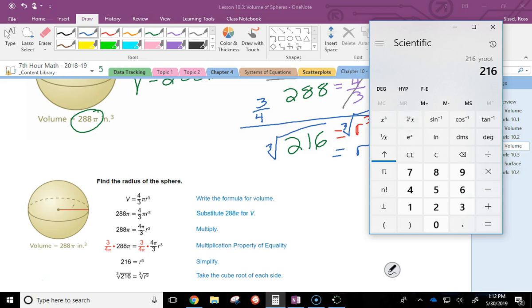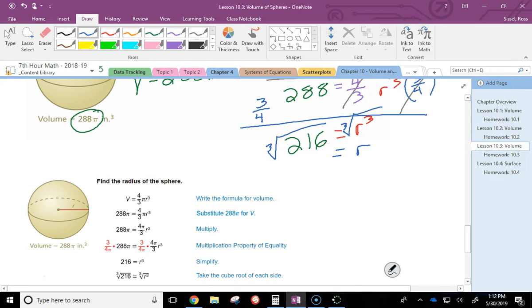It's going to say y root. The calculator is saying, okay, you gave me 216. I'm going to find the root to which power? How many times is the number times itself? And we're going to say 3. We get 6. So that means my radius is 6 inches.